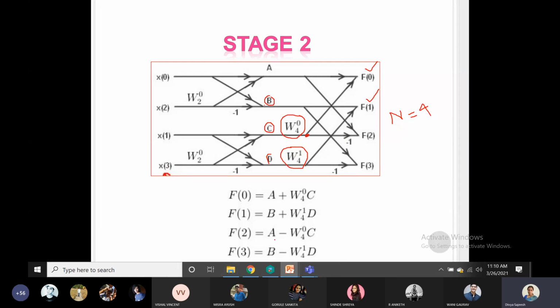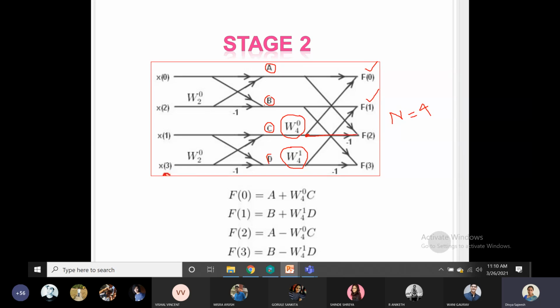Now when it comes to f of 2, what are the inputs? One of the inputs for f of 2 coming at this point is a. So a will be coming here as one of the inputs for f of 2. Now what is the other input coming here? It is w4 raised to 0 into C, but that is coming through this path.